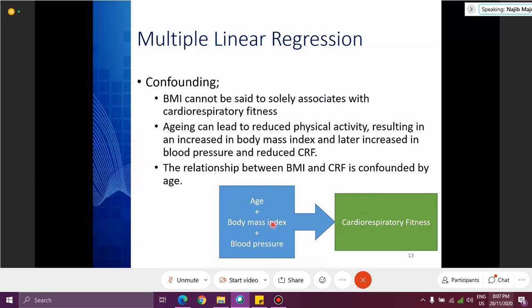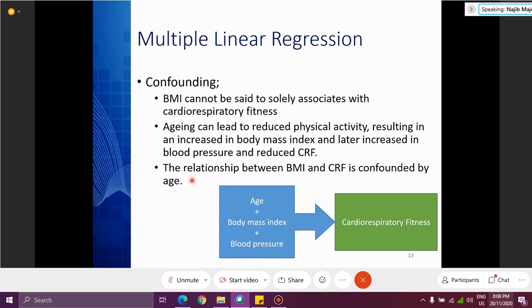Take the confounding effect. BMI cannot be said to be solely associated with cardiorespiratory fitness, as aging also can lead to reduced physical activity, resulting in an increase in BMI. It means that aging causes an increase in BMI, and this confounding effect does influence cardiorespiratory fitness.